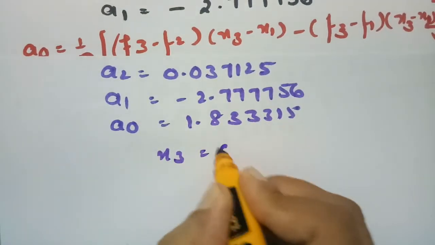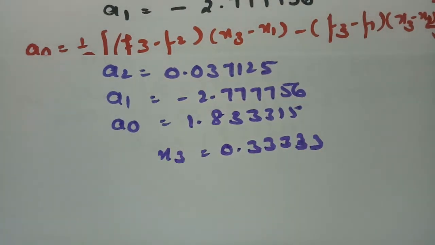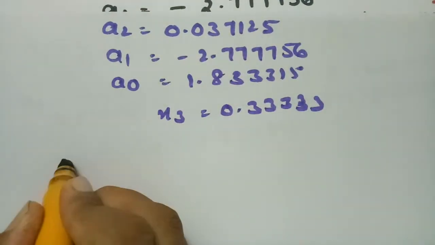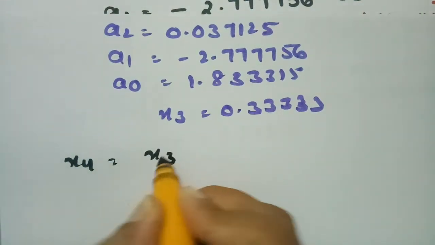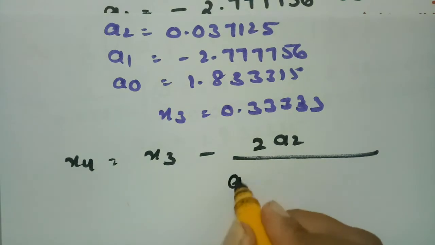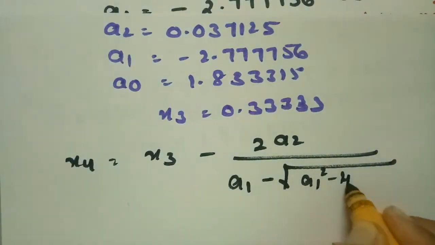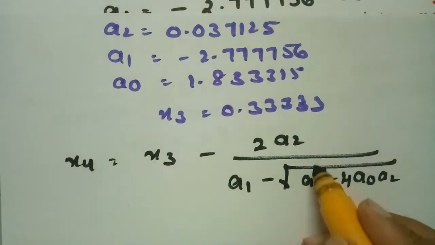X3 value is also ready, 0.3333, and we have to find out X4. So X4 value will be X3 minus 2A2 by A1 minus root over A1 square minus 4A0 into A2.